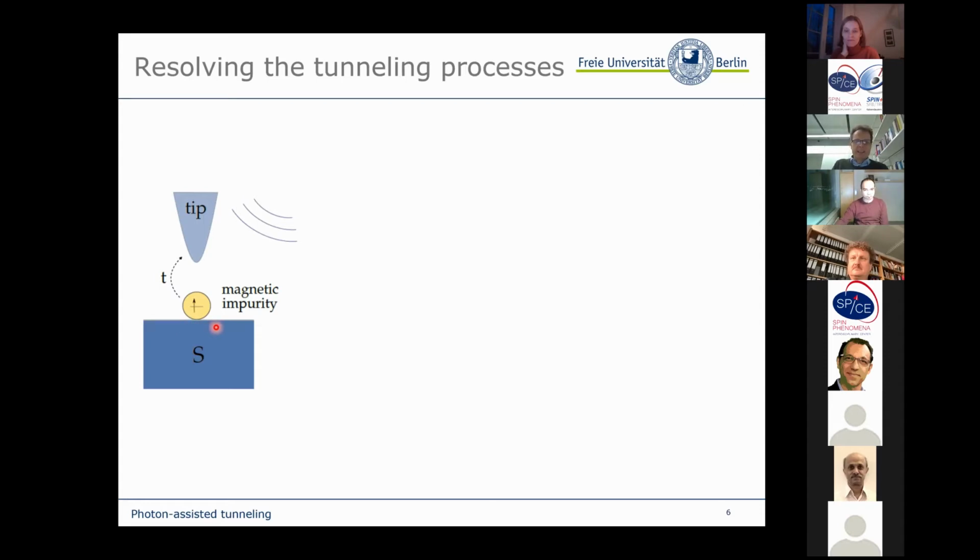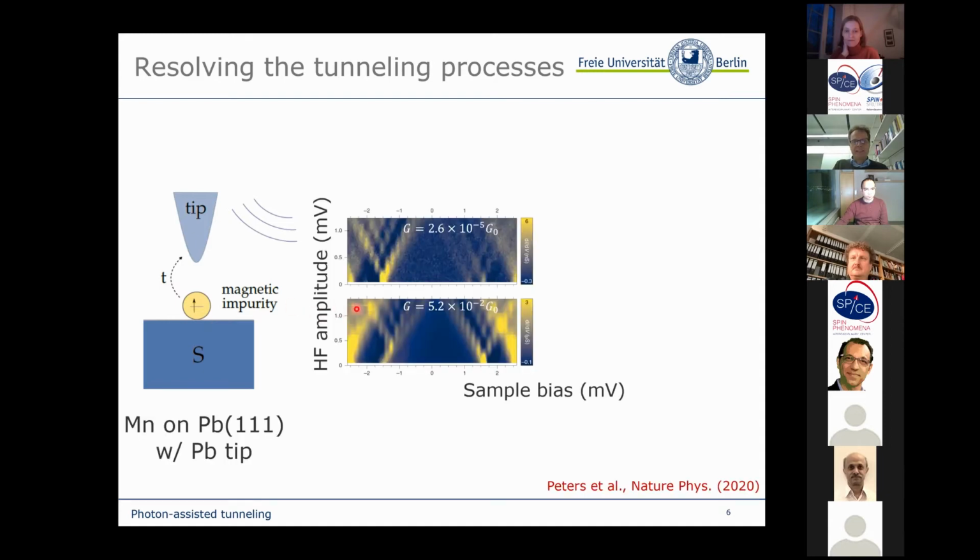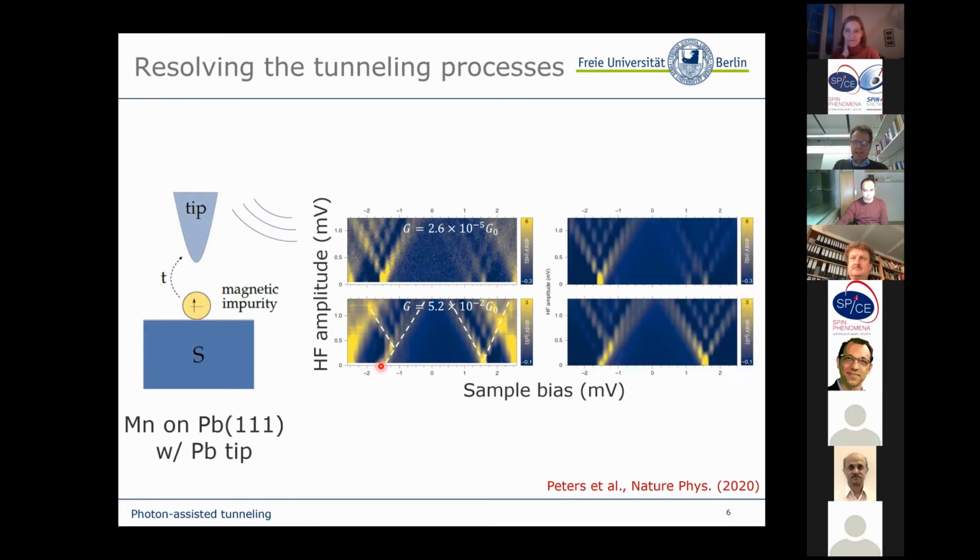And in fact, these measurements yield intriguing results, shown here for 2 different junction conductances. And one thing you may notice right away is that there is an interesting bias asymmetry between positive and negative biases. And in fact, our theory reproduces these kinds of results very nicely.